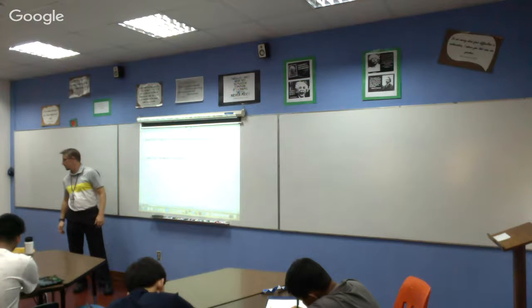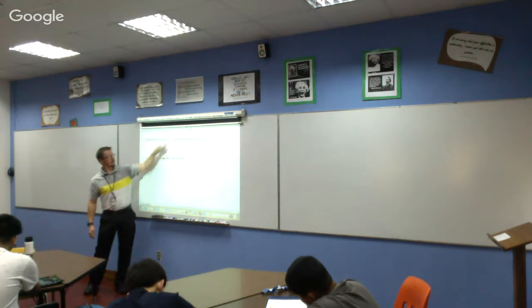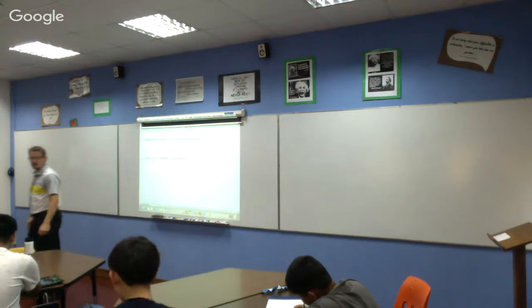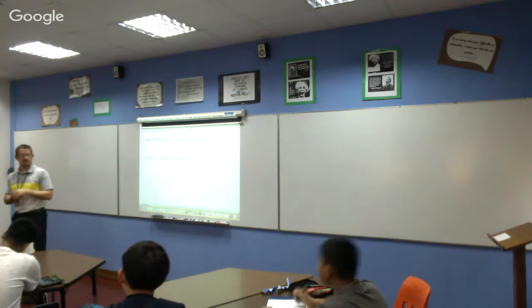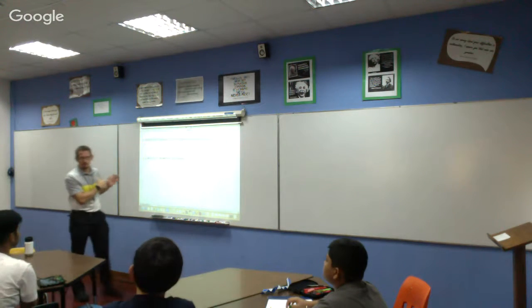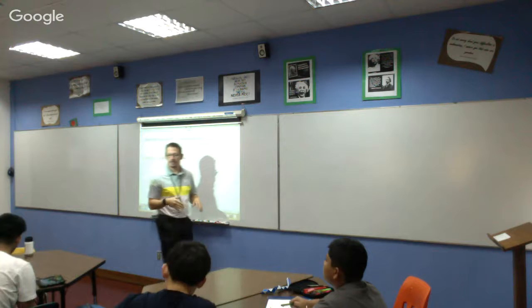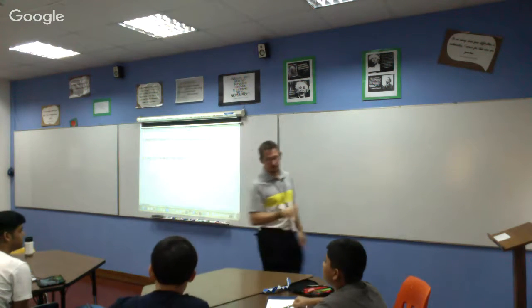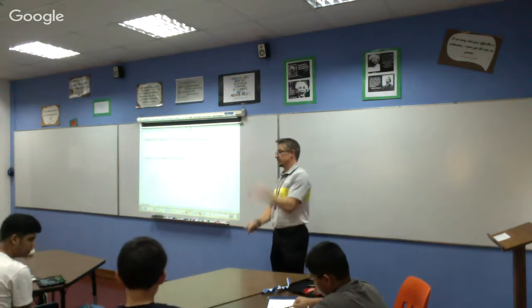What about S and T? Angle S and angle T. And what's the last pair of angles? Angle H and angle E. Very good. All right, that was an easy one.